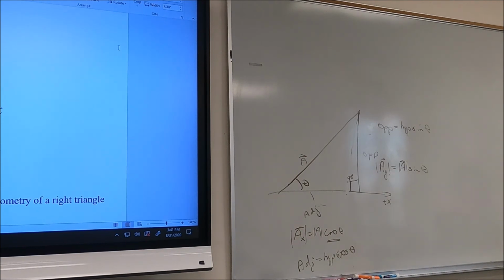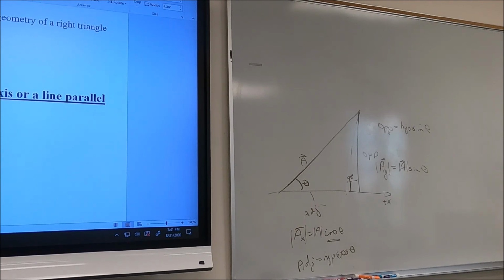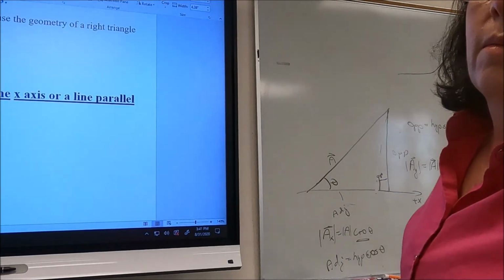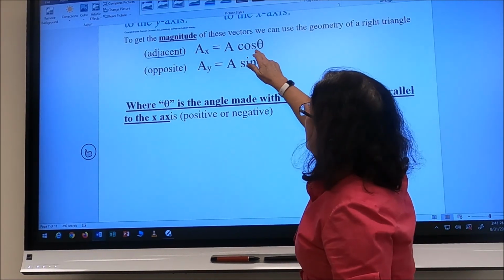Now, guys, if that's not drilled into your head from earlier classes, it needs to become a mantra at this point because we use it a lot. Adjacent, AX. Notice in the notes here, AX is equal to A cosine theta.